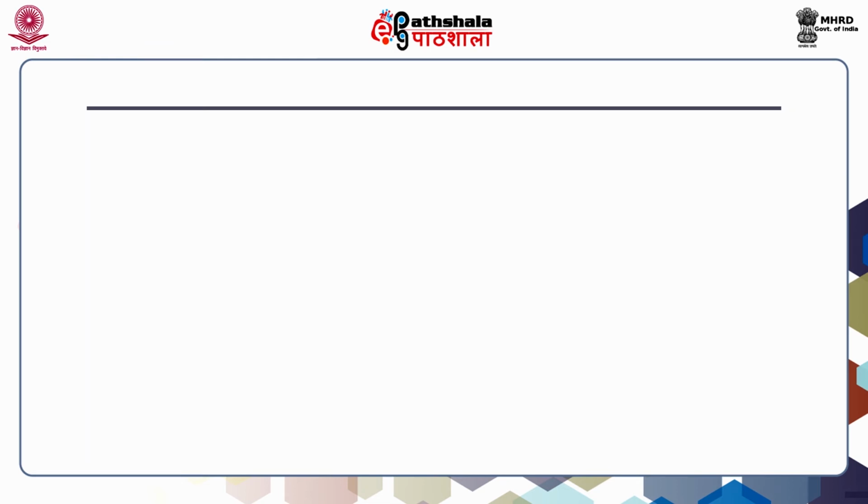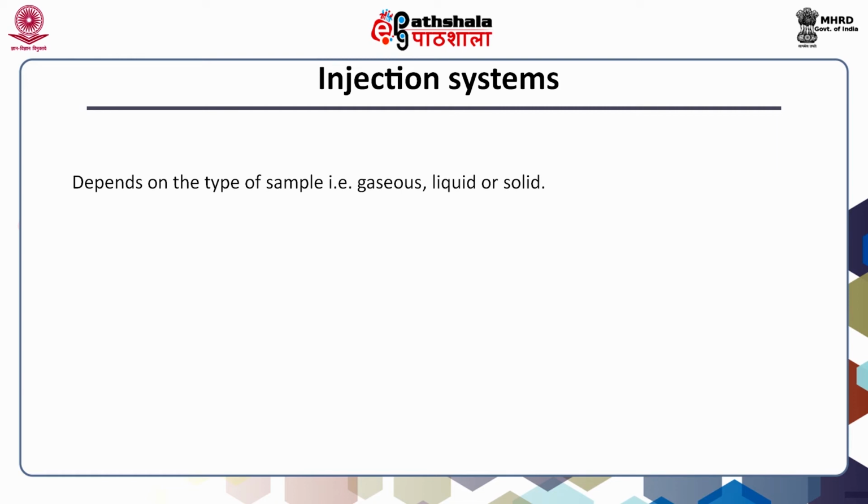Now, in the gas liquid chromatography machine, there is another important component, that is the injection system. As I said, in gas liquid chromatography, one has to use a sample which is readily converted into gases. So, there can be a liquid sample or a solid sample. Depending upon the type of the sample, we can have different types of injectors.